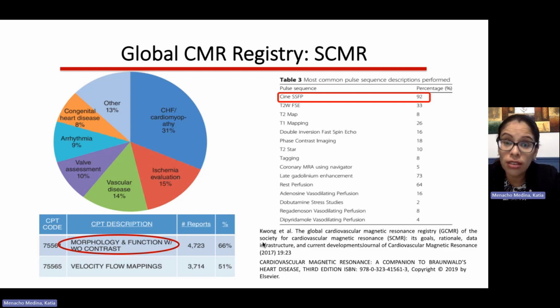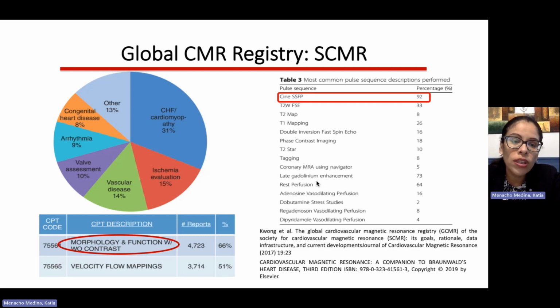You can also see late gadolinium enhancement in 73%. So these are the most common sequences that are available in all the scanners and more widely used.